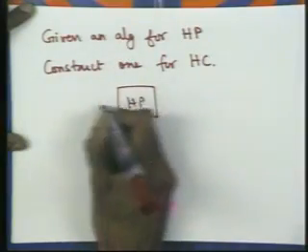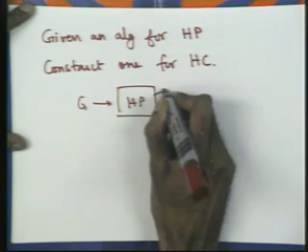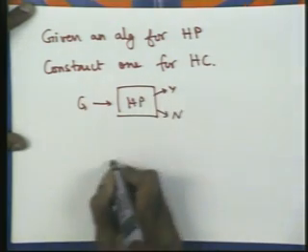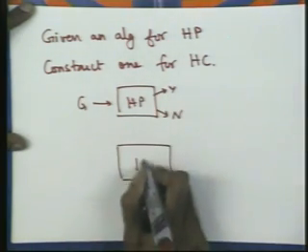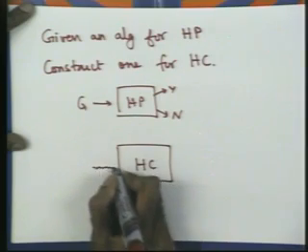So how about this? You're given an algorithm for HP, which means here is HP. Given a graph G, it says yes or no, and what I want is one for HC.